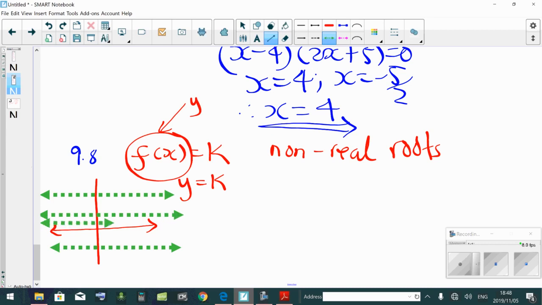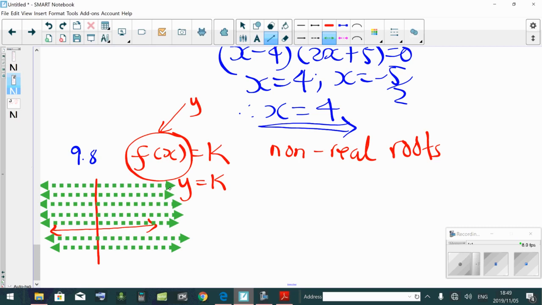We don't know what k is, but all these lines are potential y is equal to k. The line y is equal to k is a horizontal line which is parallel to the x-axis, and it's going to cut the y-axis at any point depending on the value of k.